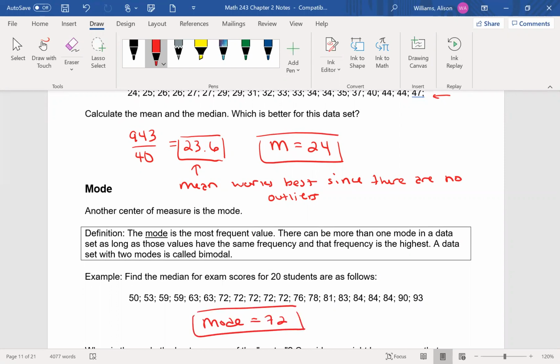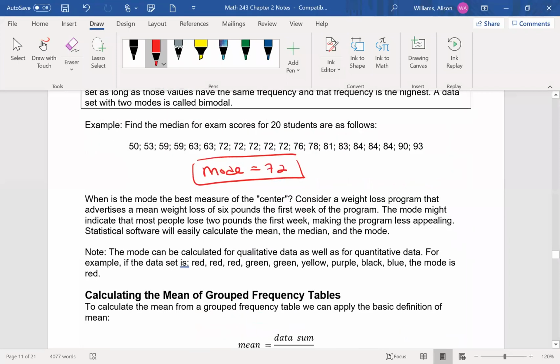And the advantage of the mode is that it kind of gives us another double check for worrying about outliers. All right. Or seeing if this piece of data happens to just match the rest of the information. But the real value of the mode is that we can use it when we're looking at qualitative data, which I say down here in this note.